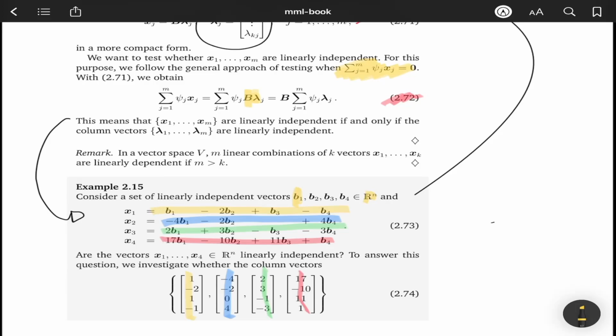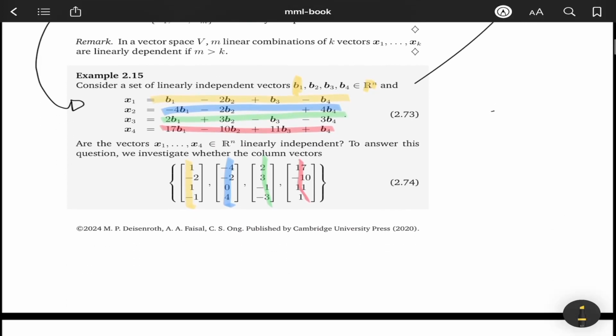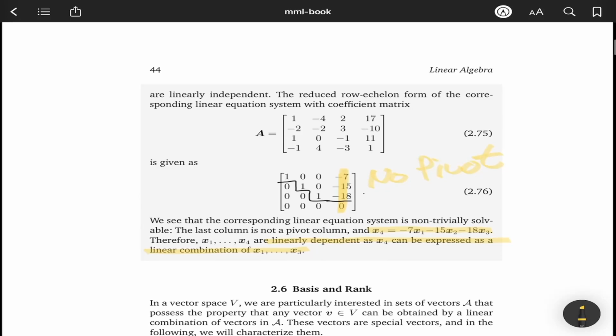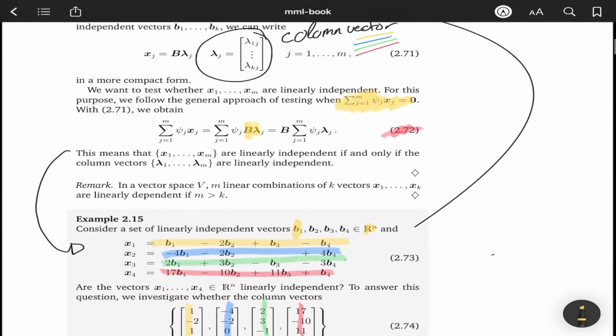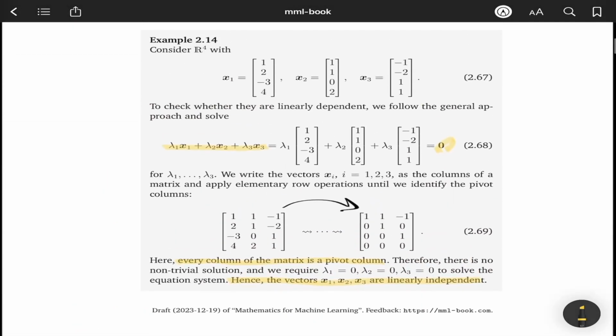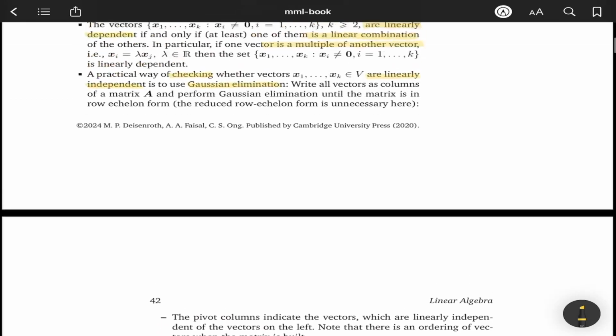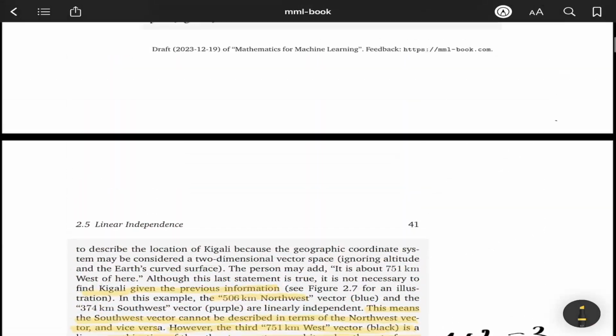And then you can ask, is this independent or not? What you need to do is take the column vectors and do the Gaussian elimination. And if you have one column which is not a pivot, then you know you can express that column as a linear combination of those columns before. That's quite important as we want to understand if we have redundancy in our vectors or not.